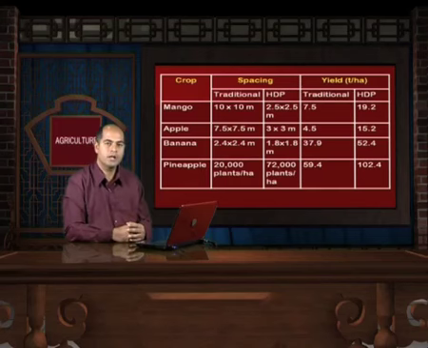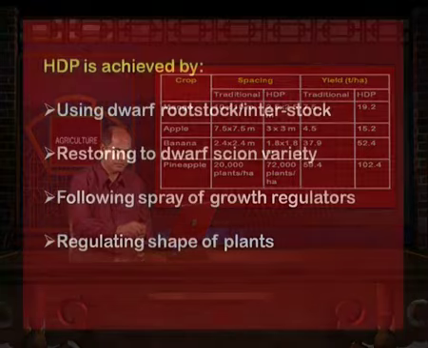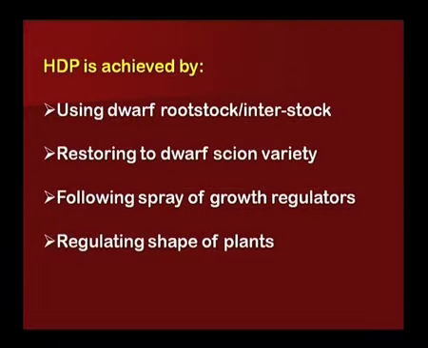So we can clearly see how high density planting has improved the yield of each fruit crop. HDP is achieved by using dwarf rootstock, interstock, resorting to dwarf scion variety, spraying growth regulators, and regulating the shape of plants.